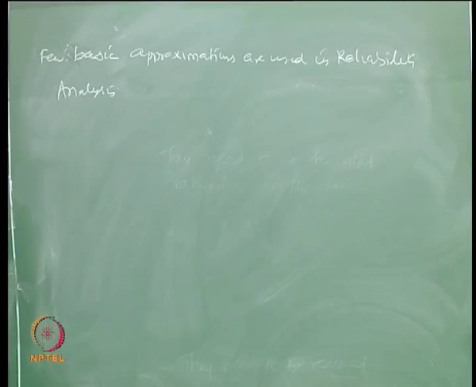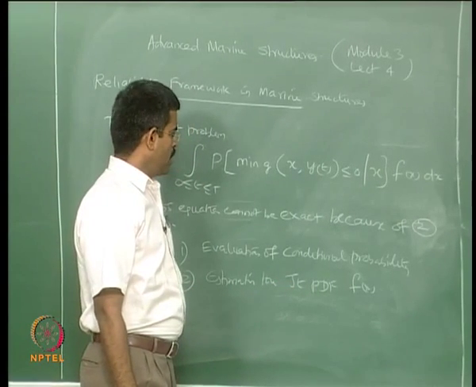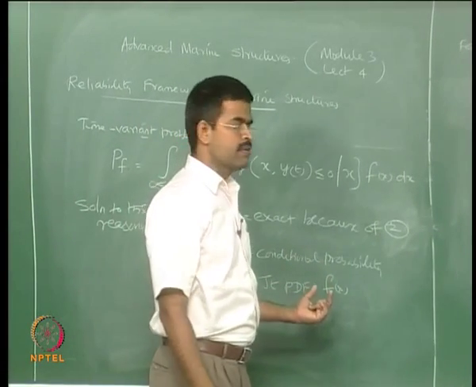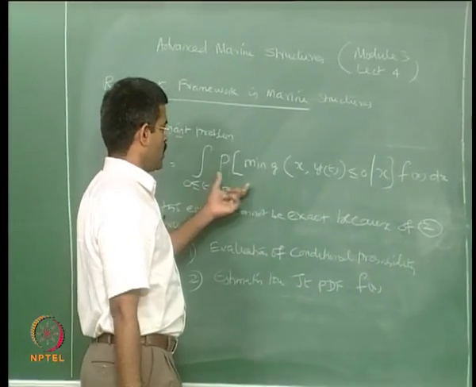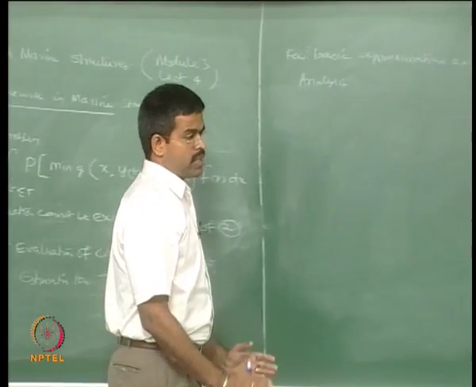Depending upon how accurately you are able to compute the joint probability density function and how closely you can evaluate the conditional probability, the accuracy of the solution of equation 1 or equation 7 in the last lecture can be close to accuracy.